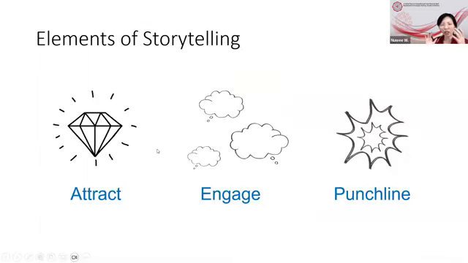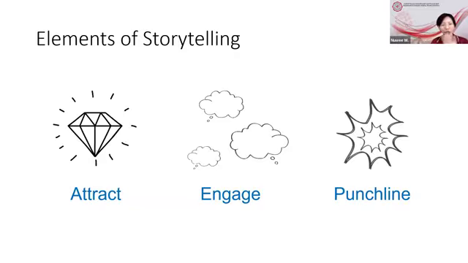So how do we get the audience to listen to us? There are three elements in storytelling: attract, engage and punchline. Think of these three things as the acts of a play. If you fail to attract the audience, they won't look at your dashboard.